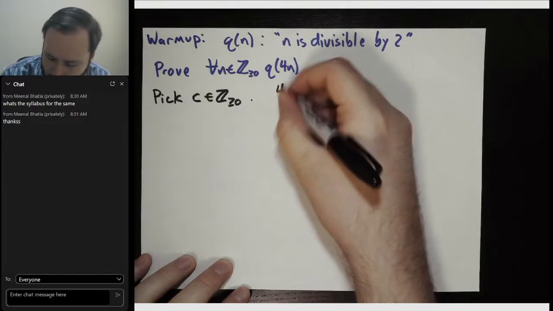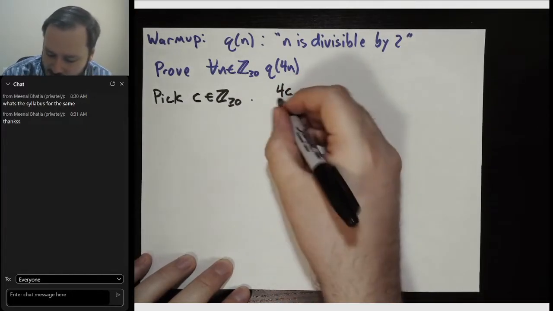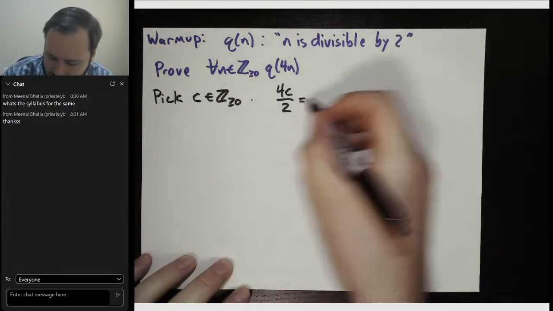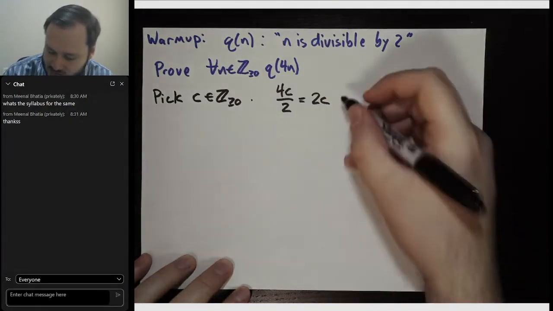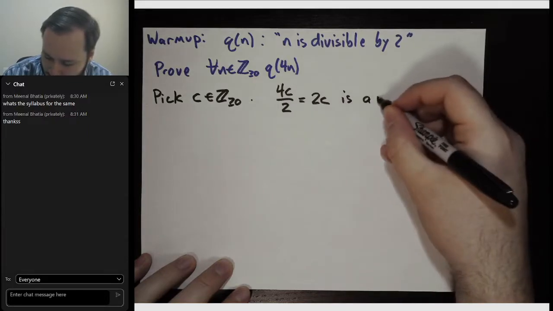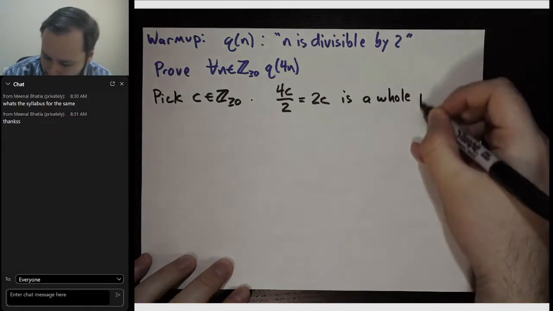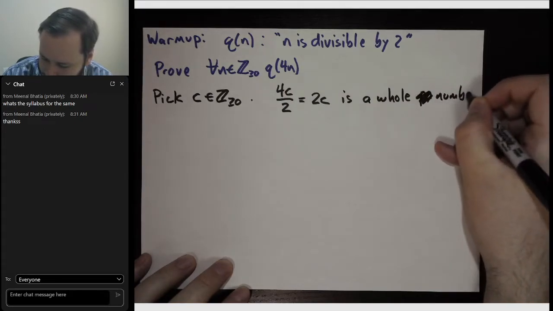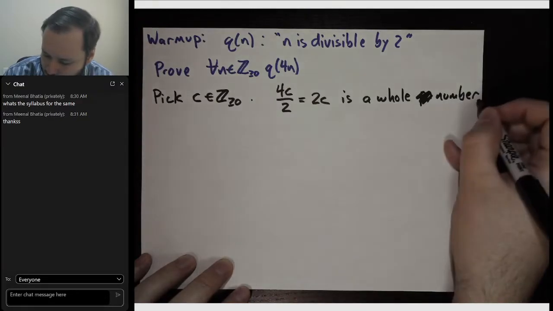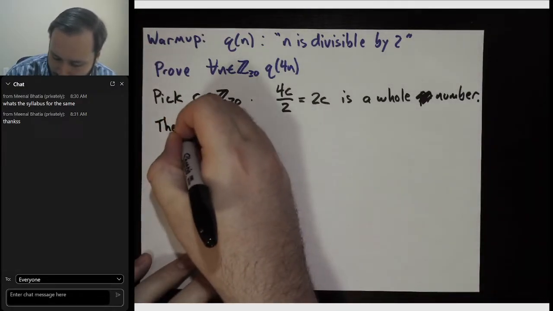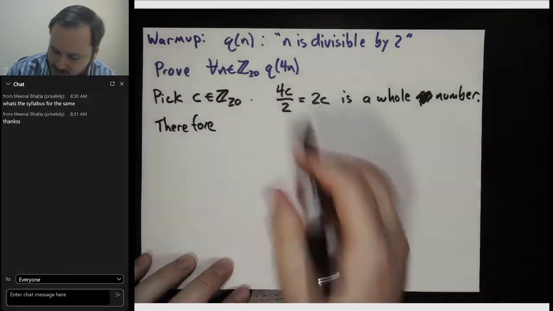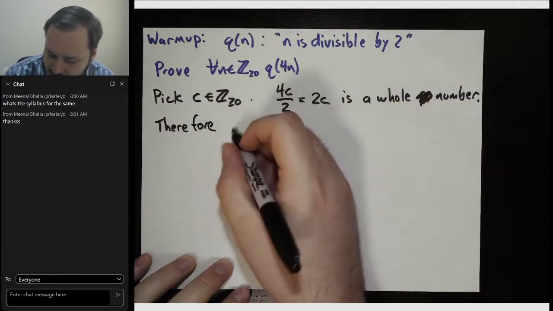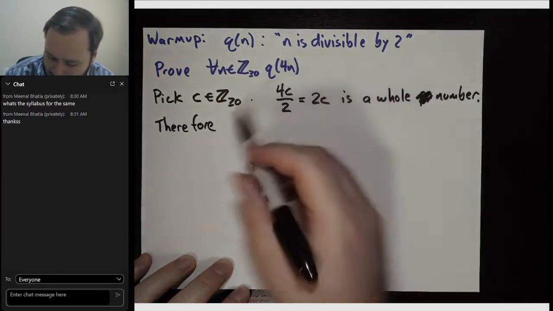And if we look at 4 times c and divide it by 2, that's going to come out to be 2 times c, which is a whole number. Therefore, since 4c divided by 2 is 2c, and 2c is a whole number, that means 4c was divisible by 2.